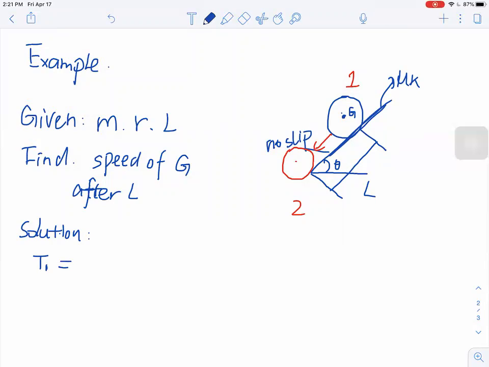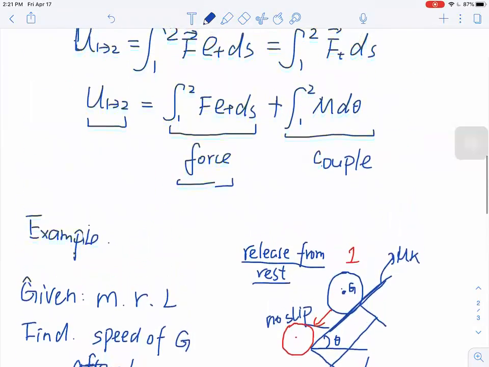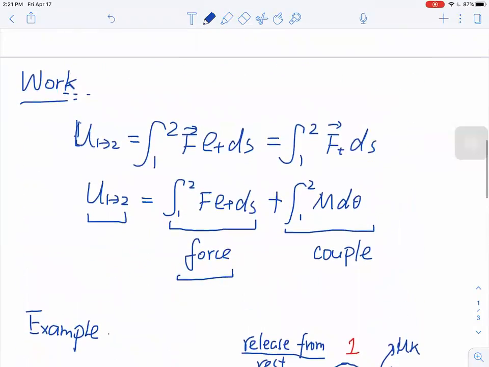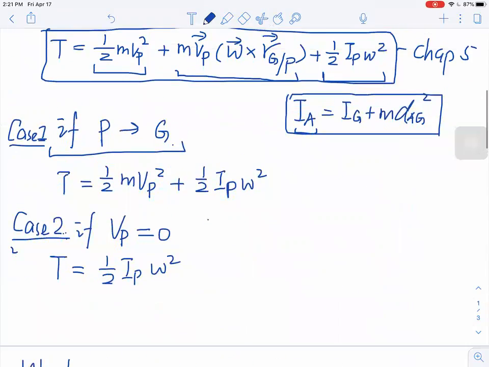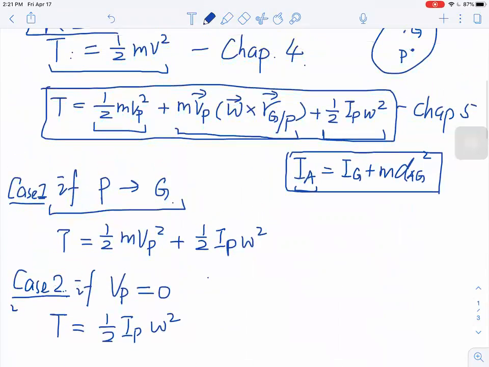Since it says released from rest, at position 1 there's no speed. Let's go back to our equation for kinetic energy.